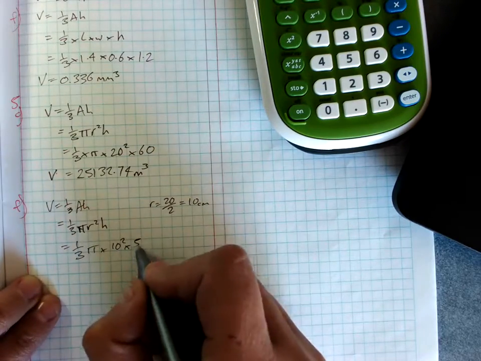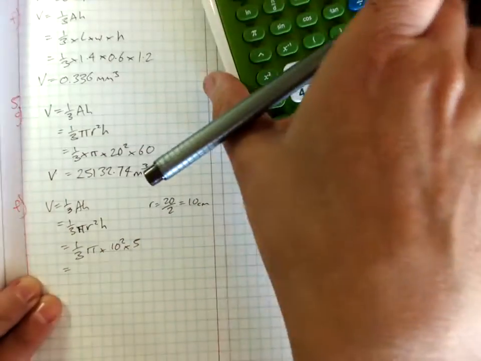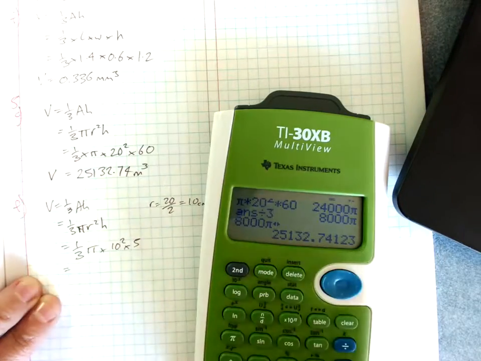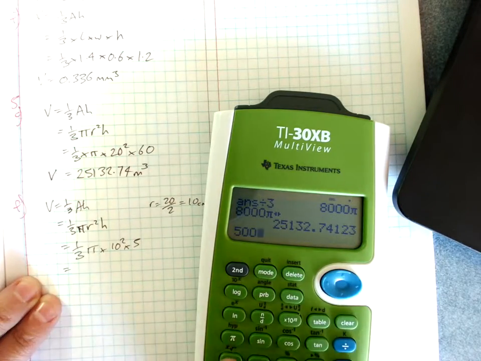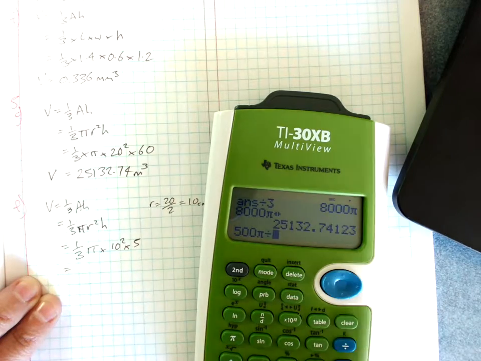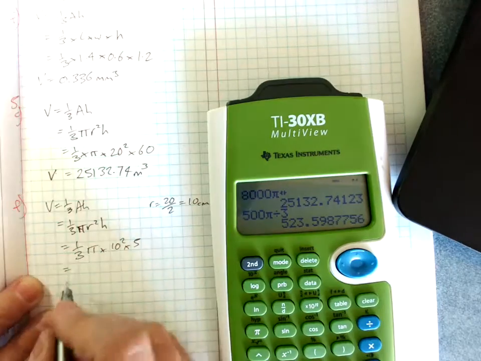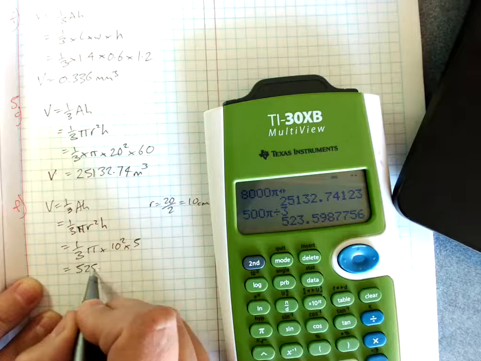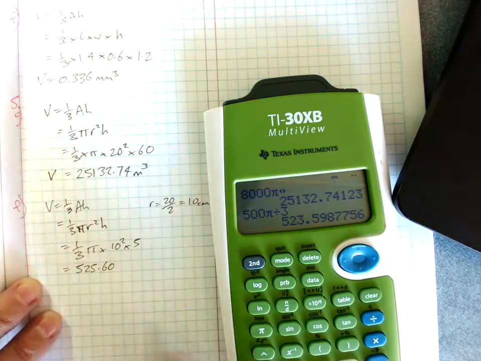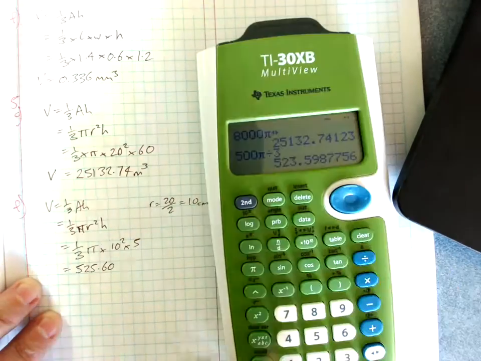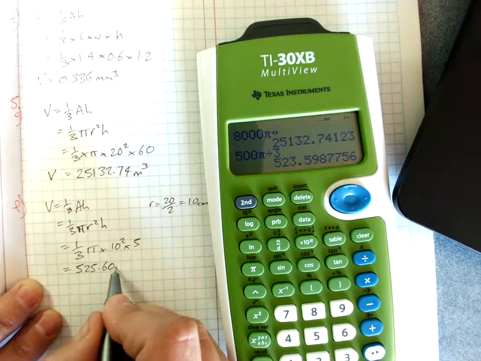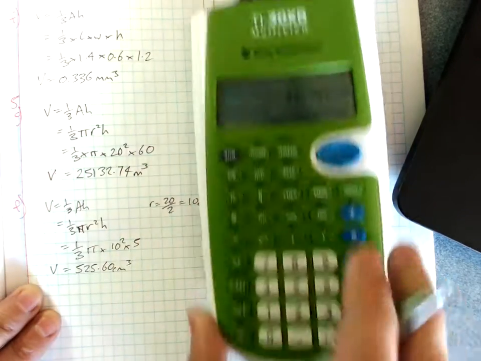And the height is 5. Well, that'd be 500, so 500 pi divided by 3. We had 0.598, so be careful with your rounding there. Centimetres cubed.